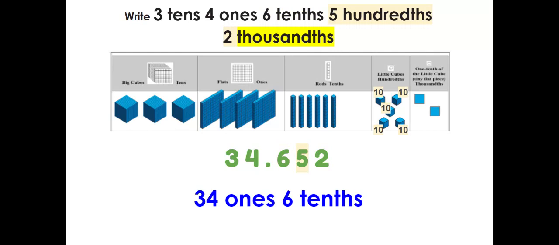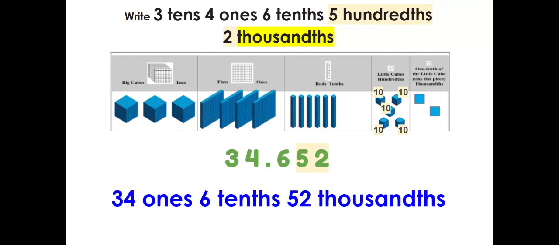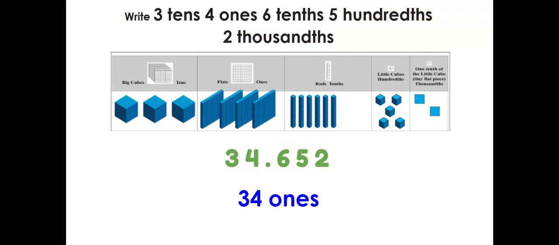So yes, there are 5 hundredths, but there are also 50 thousandths represented in that amount. So instead of just saying that we have 2 thousandths, we could say that we have 52 thousandths. So another way in unit form of saying that number is we could say we have 34 ones, 6 tenths, and 52 thousandths.